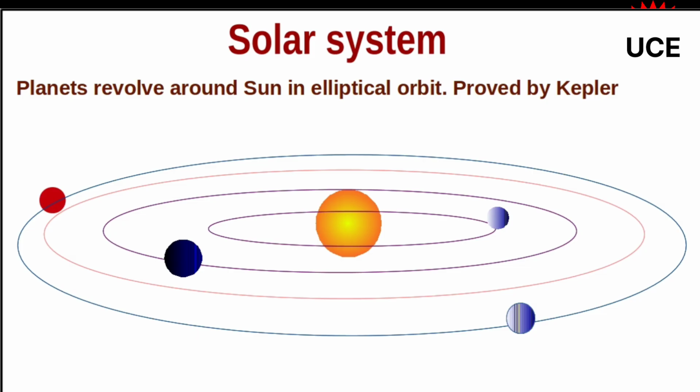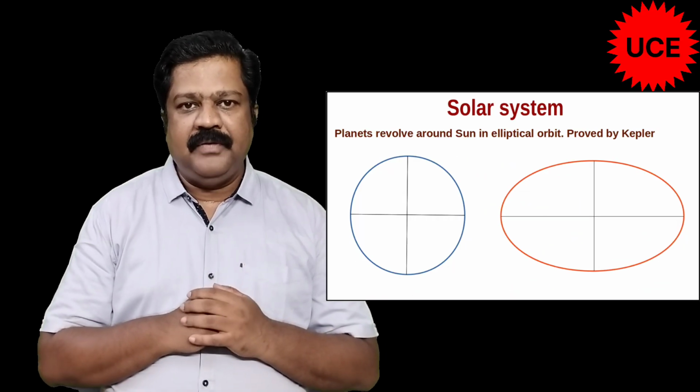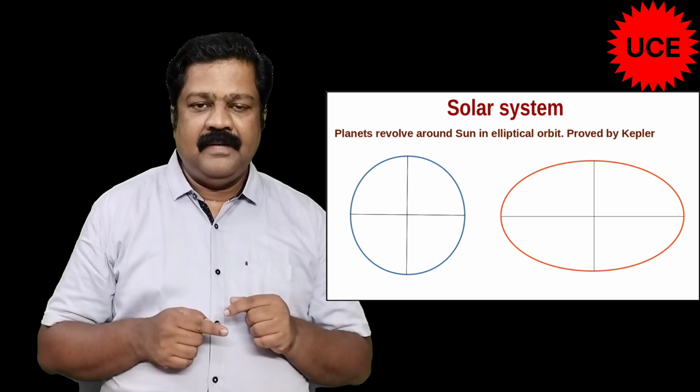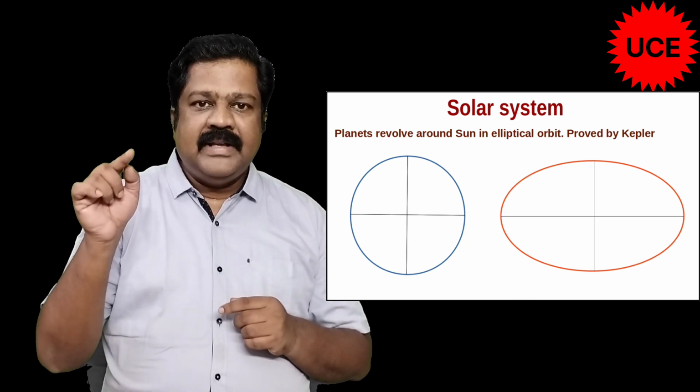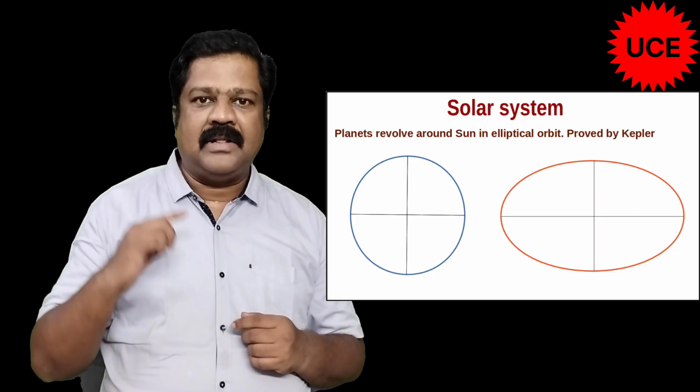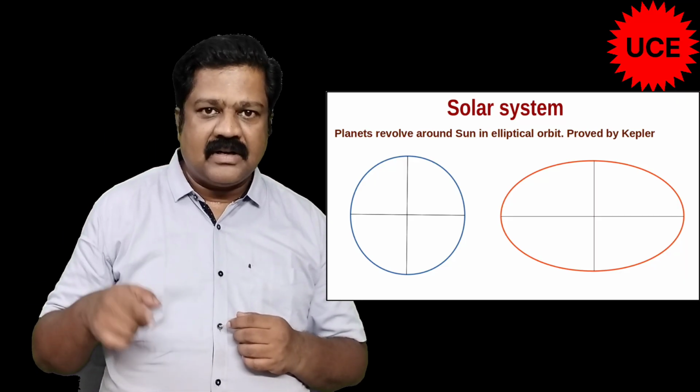They are revolving around the Sun in an elliptical orbit. You are aware of a circle. Now, the picture you are observing shows what is a circle and what is an ellipse. If the orbit follows that circle, orbit means what? The planet's path around the Sun is on that circle.